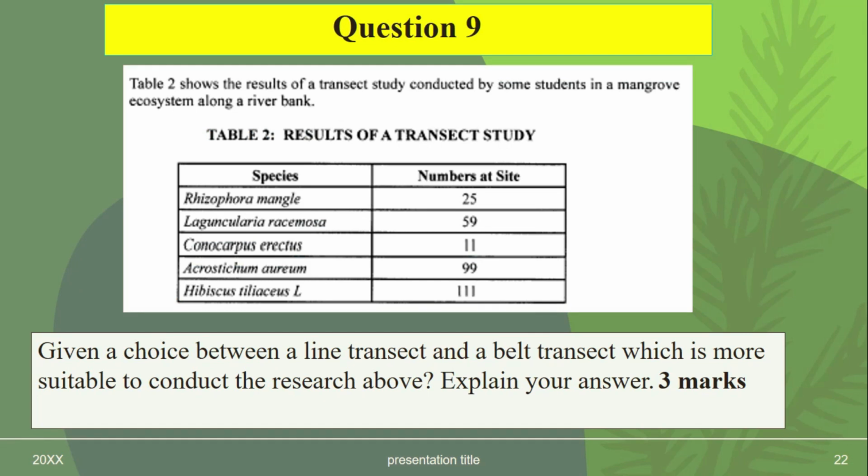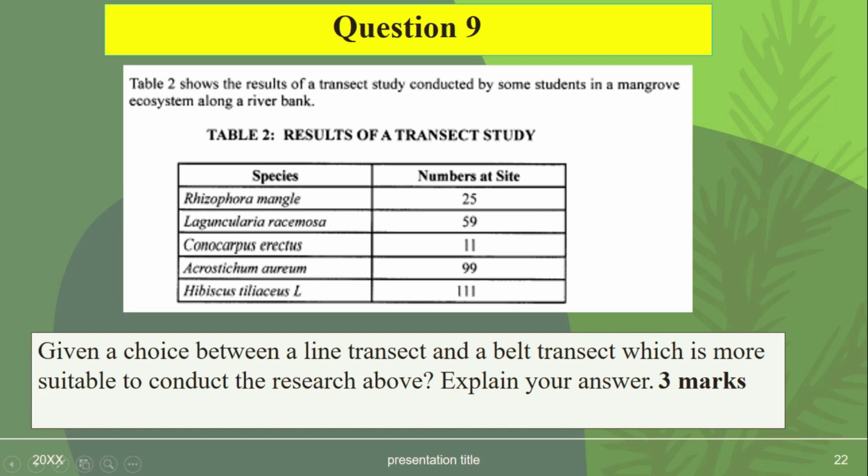All right, question 9 says, Table 2 shows the results of a transect study conducted by some students in a mangrove ecosystem along a river bank. Table 2, results of a transect study. So here, in this column you have the species, and over here you have the numbers.